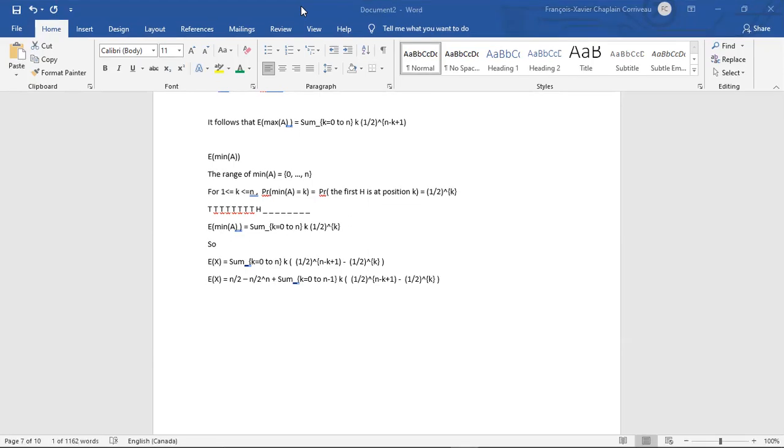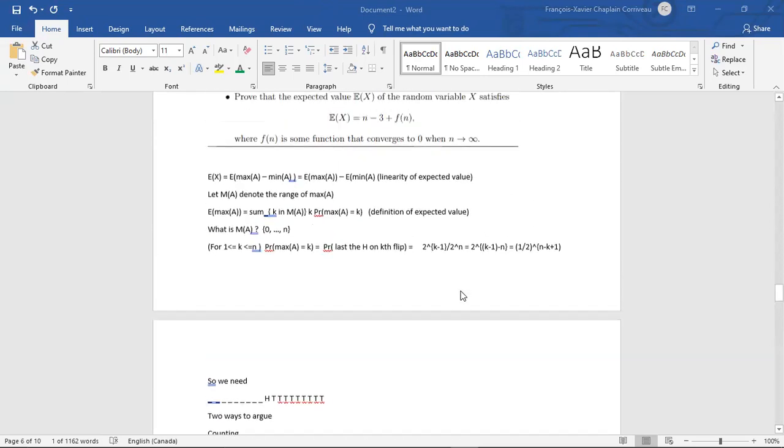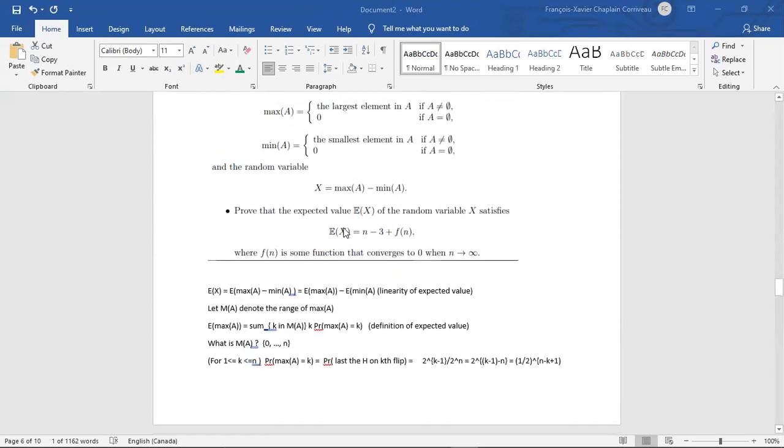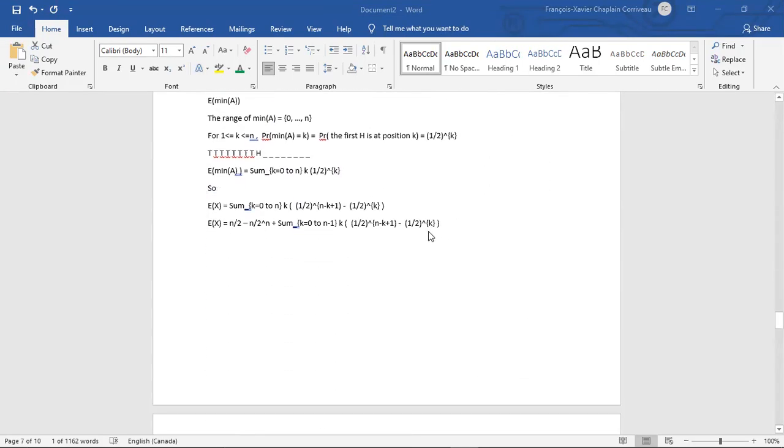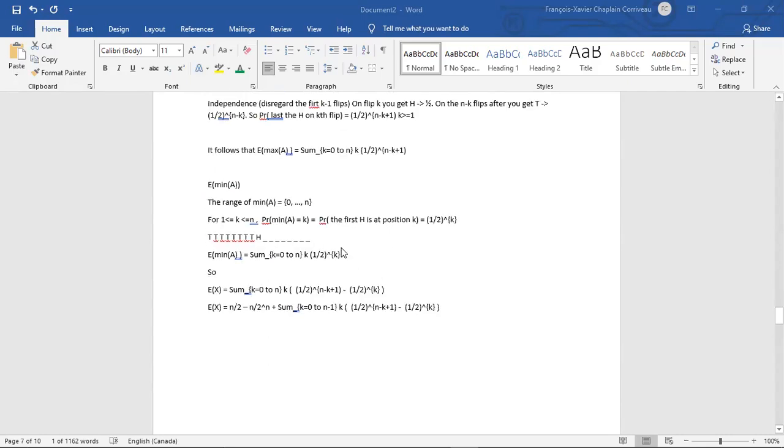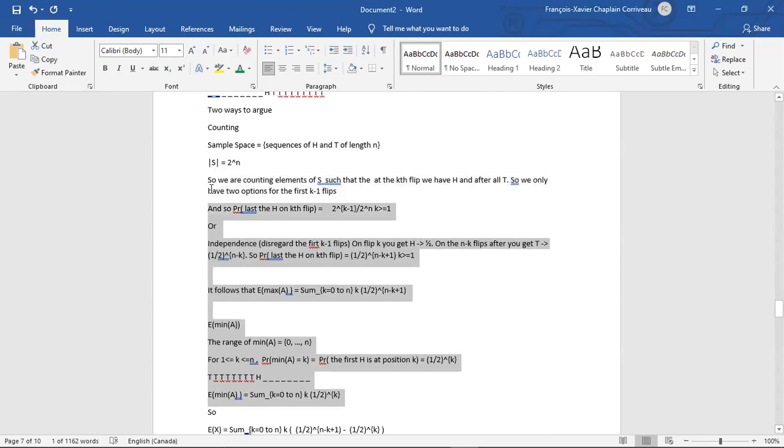Maybe it's not supposed to be y. Maybe our approach is wrong. Just to make a point, this part I don't think would be on your exam. But finding the expected value of x, you should be able to do, right? This part here, you should be able to do. Proving that this can be written as n minus 3 plus f of n, that I don't think. But up to here, both of these things you should be able to do.